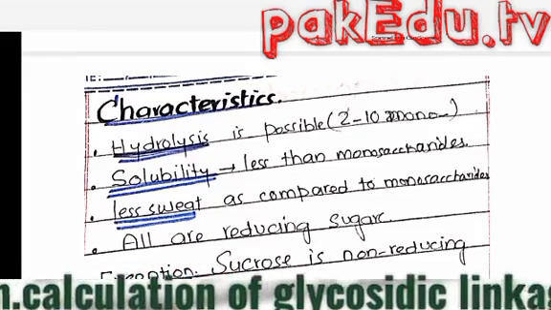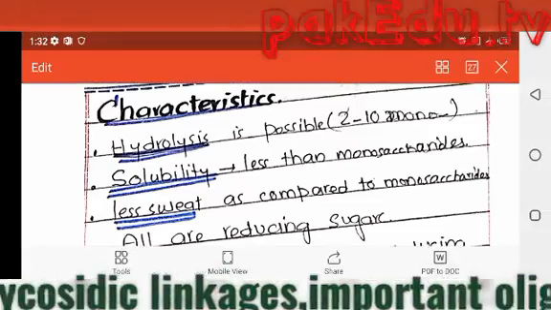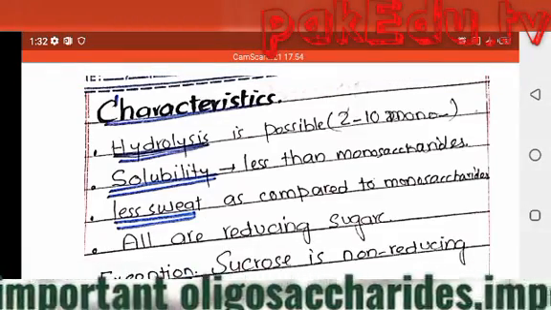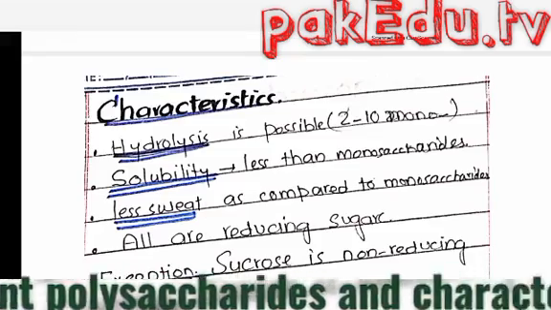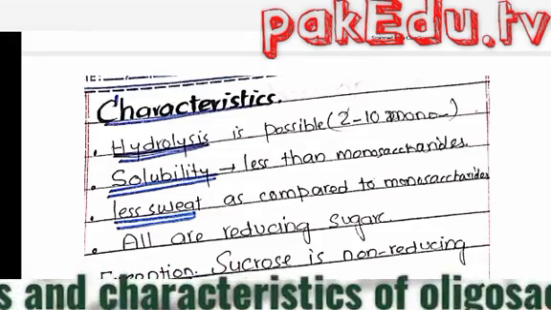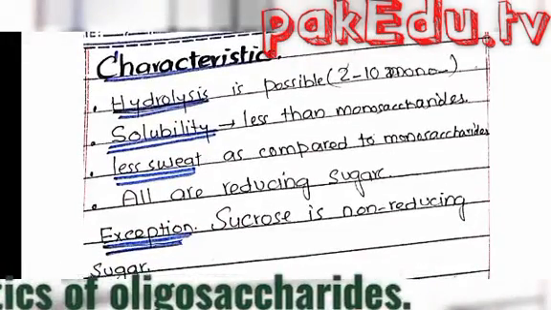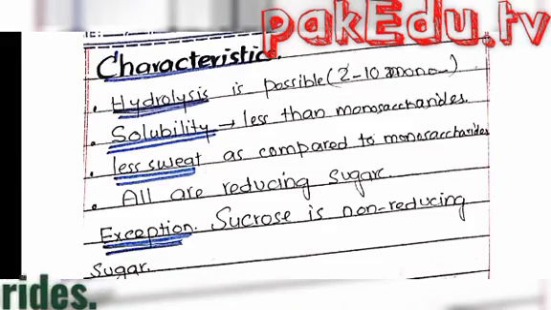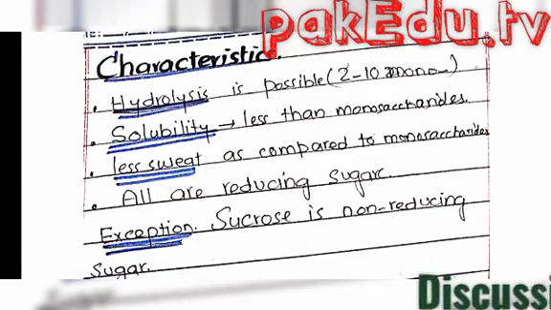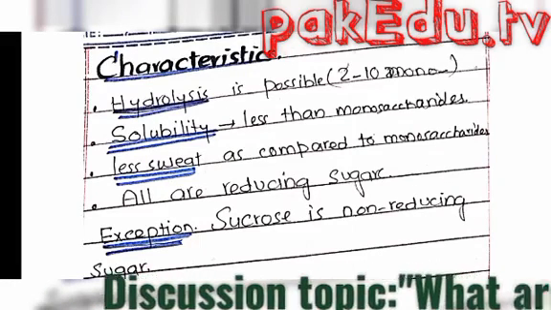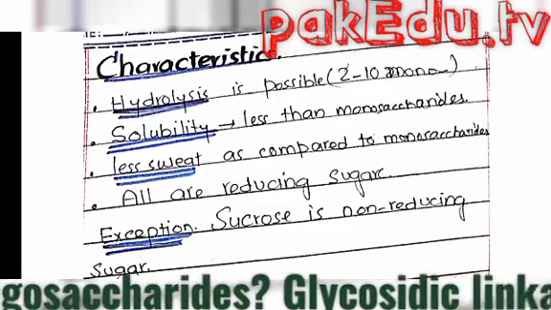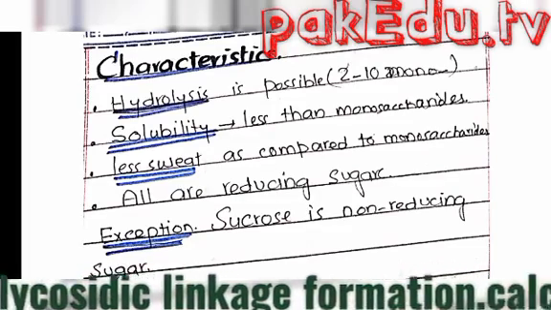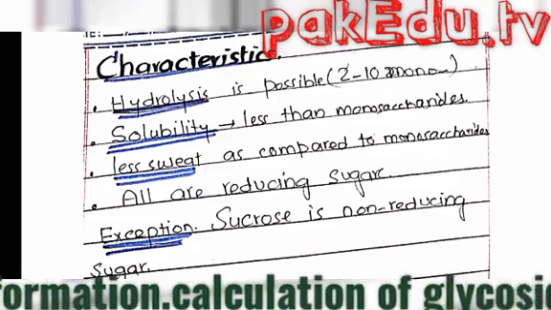An important thing that must be discussed is the sweet or taste property. Monosaccharides are the sweetest carbohydrates, while oligosaccharides are less sweet as compared to monosaccharides.